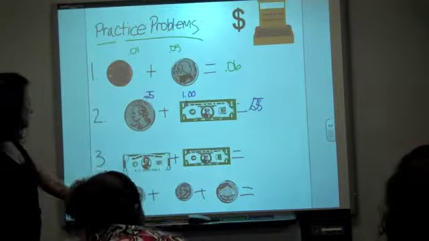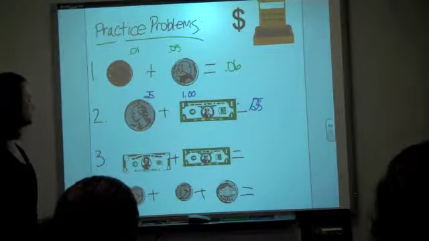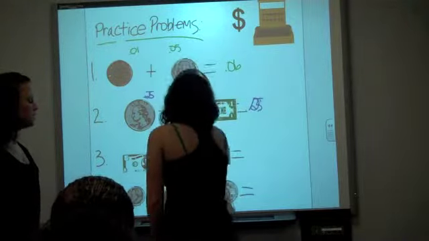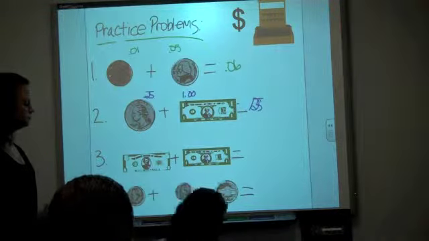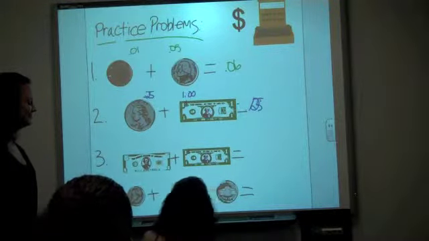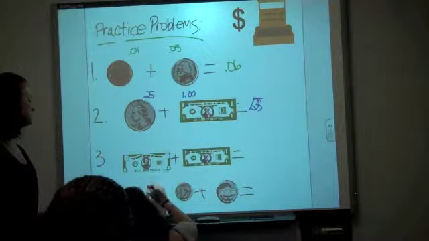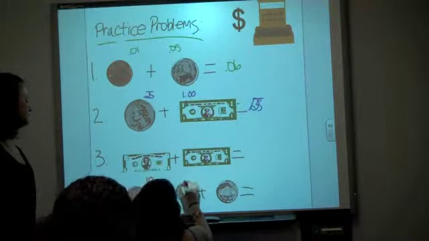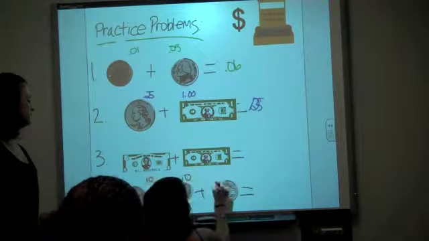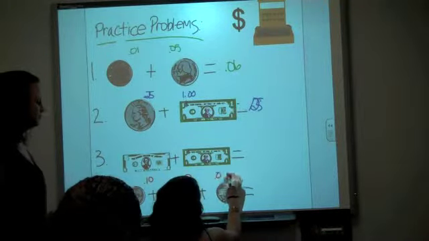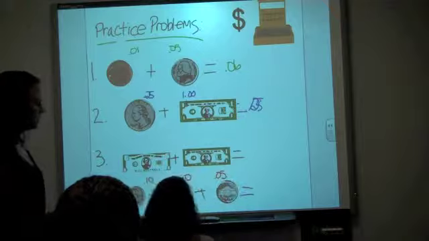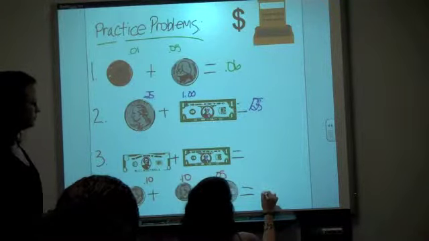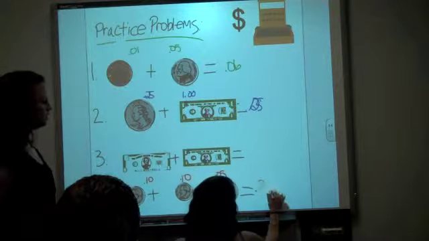Okay, we're going to wait on number 3. And Christina, if you want to come to number 4. Sure. We have 2 dimes and a nickel. We have a dime and that's 10 cents. Another dime, that's 10 cents. And a nickel, which is 5, I believe. Yes. We have 10 plus 10 is 20, plus 5 is 25. Good job.